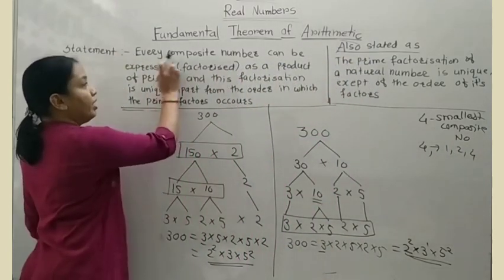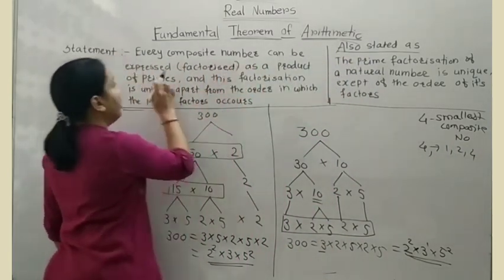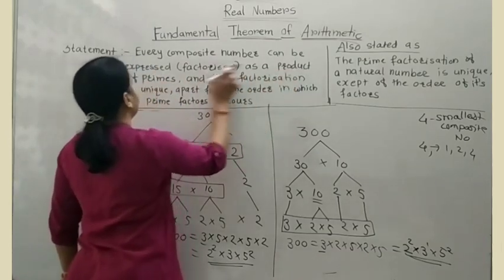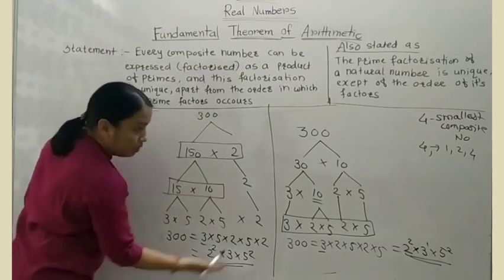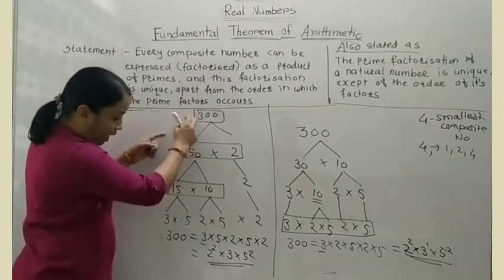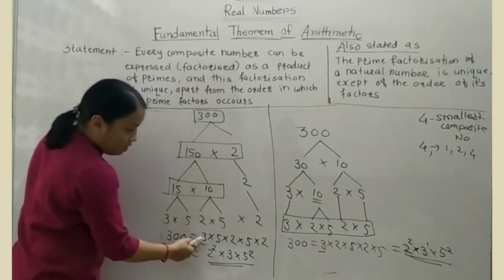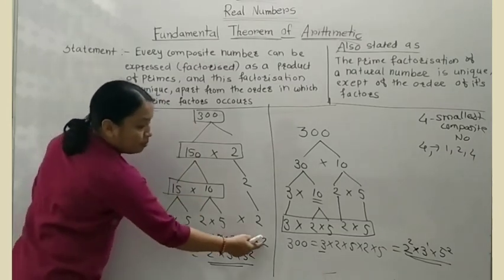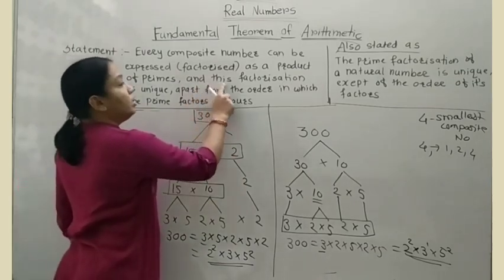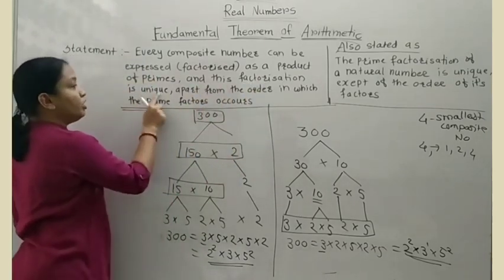Every composite number can be expressed or factorized as a product of primes, which we have seen. I have chosen 300, and it can be factorized into a product of prime numbers. These are all prime numbers, and this factorization is unique.